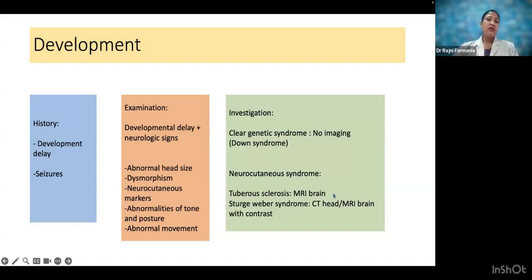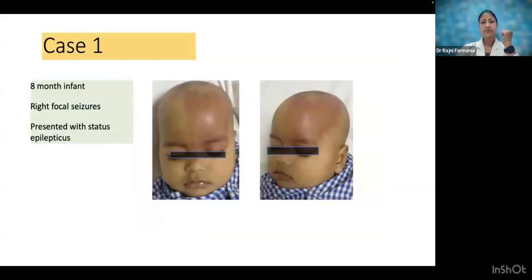If you see clearly ash leaf macules and adenoma sebaceum, you're sure of tuberous sclerosis, you will go ahead with MRI brain and you would not go ahead with a CT scan. If you see a port wine stain on the face with a neurological complaint, a CT scan is also okay. If you are ordering an MRI, get it with contrast because it's a vascular angiomatosis. So you want to understand the vascular phenomena in these kids.